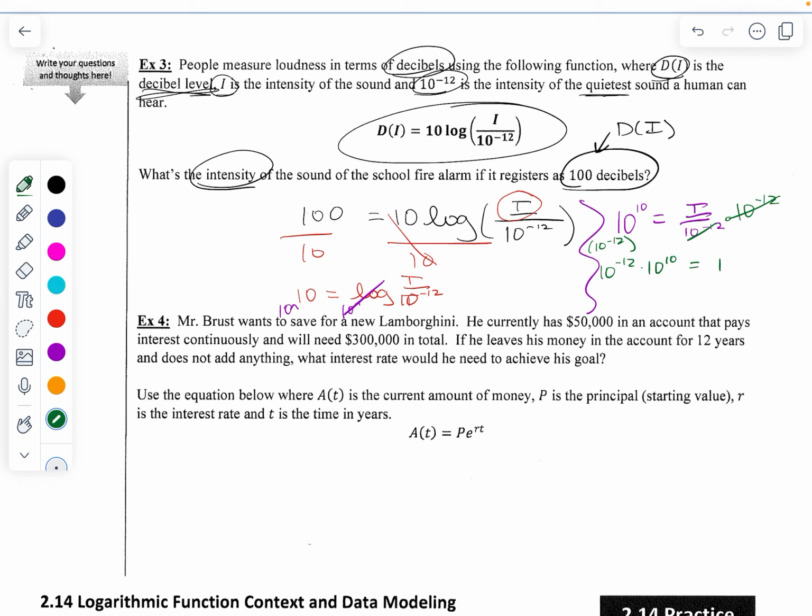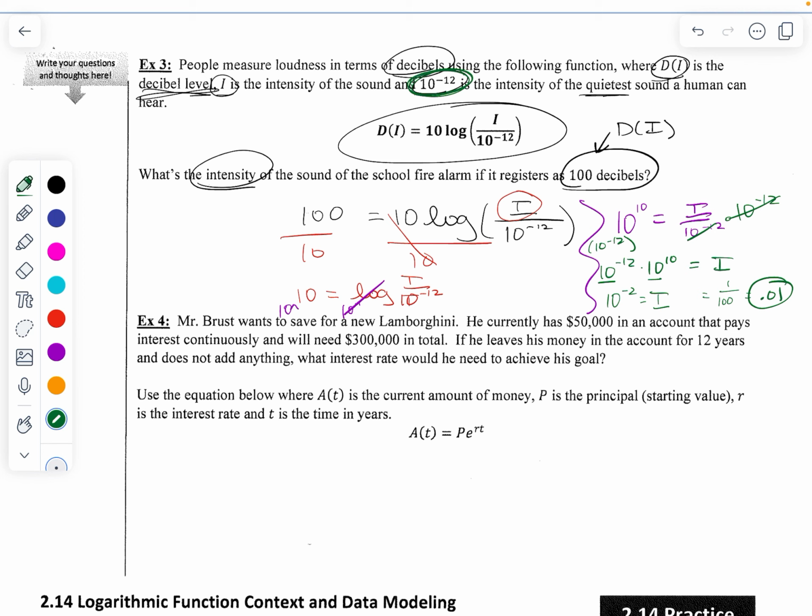Negative 12 plus 10 is negative 2. 10 to the negative 2 is the same as saying 1 over 10 to the 2, which is 100. So 1/100th, or 0.01, is the intensity level of that alarm, which it doesn't sound like much, but in comparison to 10 to the negative 12, which is like 11 decimal places with the 1, this is much louder.